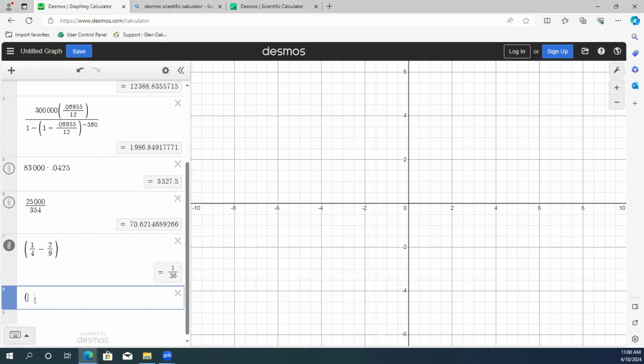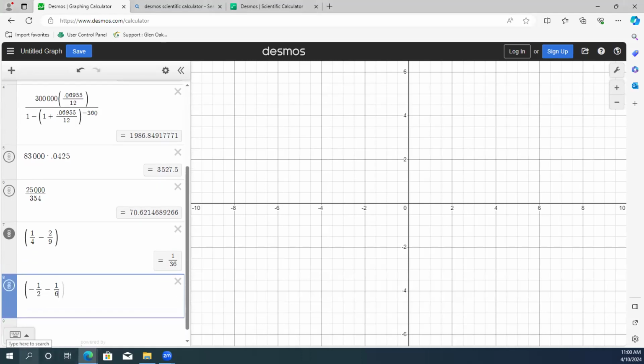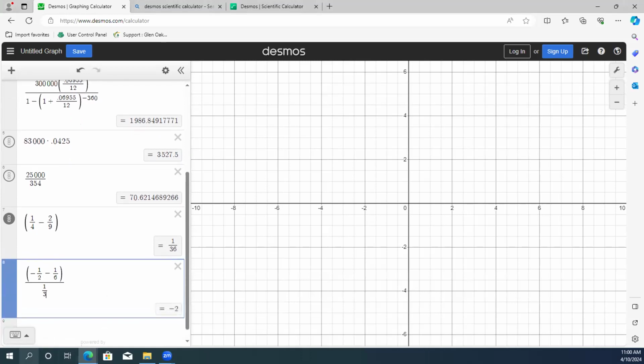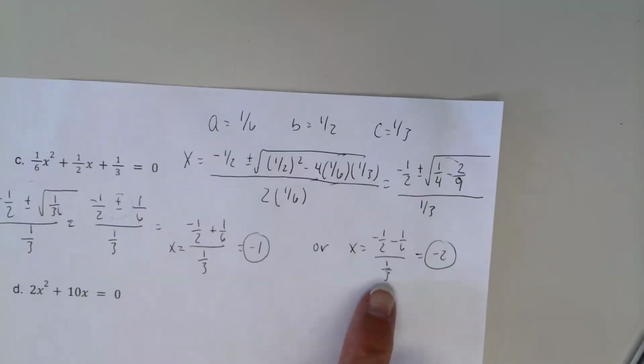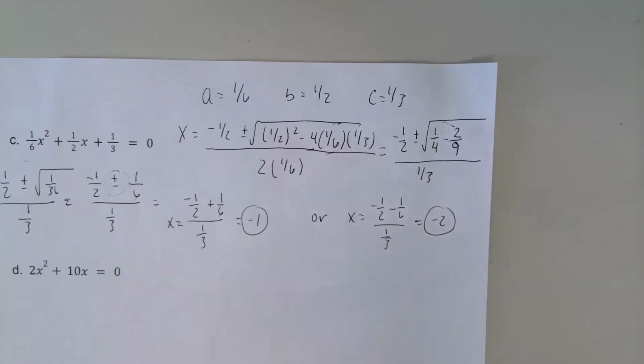And so in parentheses, I've got a negative 1/2 minus 1/6 divided by 1/3. So there's one of them. It's a negative 2. And then I can just go up here and change that subtraction to an addition, and I get a negative 1. So those are my two answers. A negative 1, negative 2.